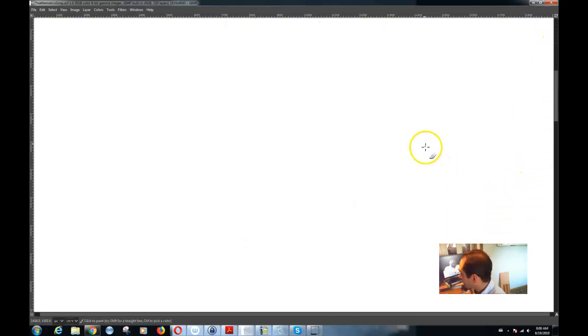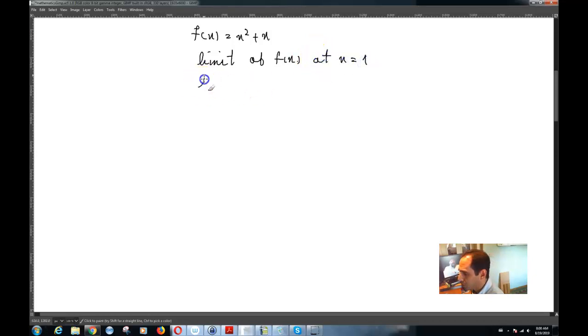So that is that. Now let's suppose that we have another function, f of x is equal to, for example, x squared plus x. Now we want to find the limit of f of x as x tends to 1.